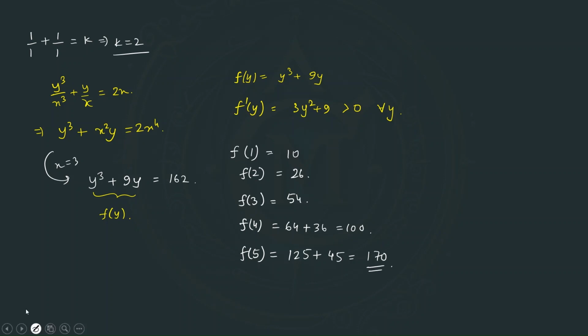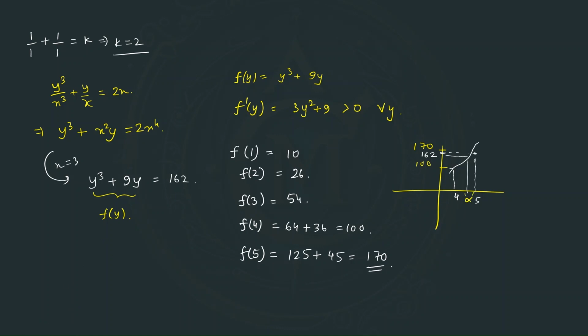Now we can surely say that if f of 4 is 100, let's say this is the point 100 and this is the point 170, then this 162 lies somewhere here. Now as f is an increasing function like this, if it attains the value 100 at y equal to 4 and here it attains the value 170, so at 5, that means there is some point between 4 and 5 where y cube plus 9y equal to 162.